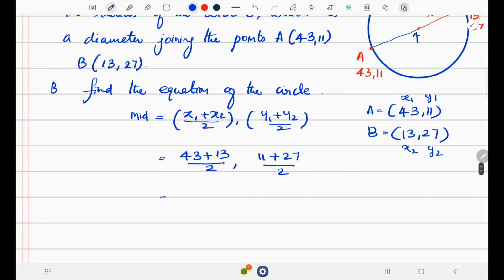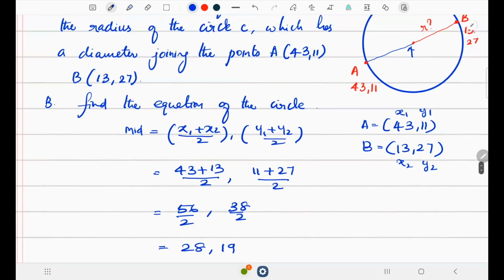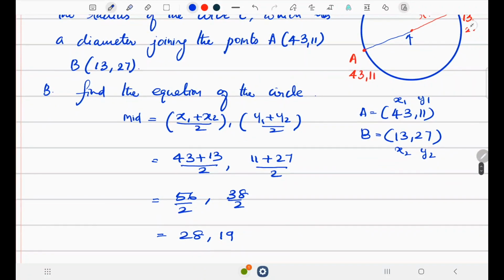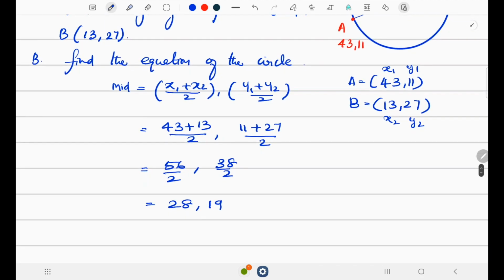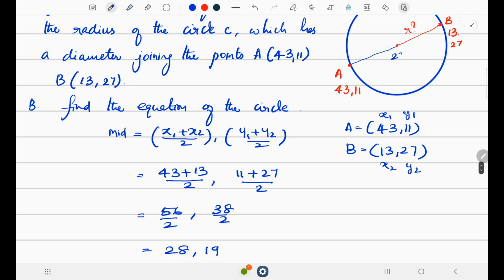So here we get 43 plus 13 equals 56, divided by 2, and 11 plus 27 is 38, divided by 2. 56 divided by 2 is 28, 38 divided by 2 is 19. So we found the midpoint is (28, 19).